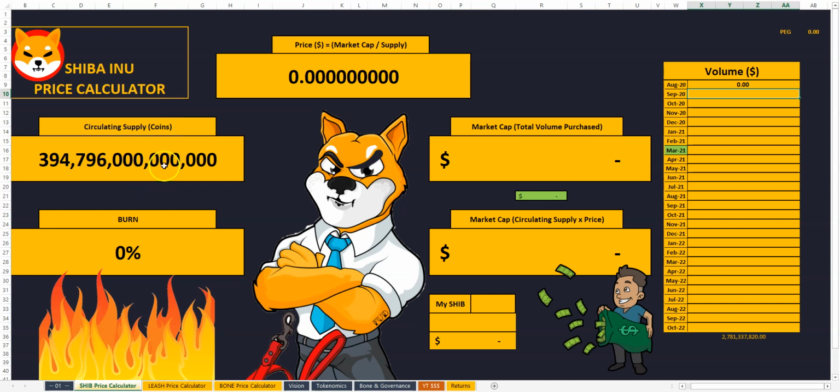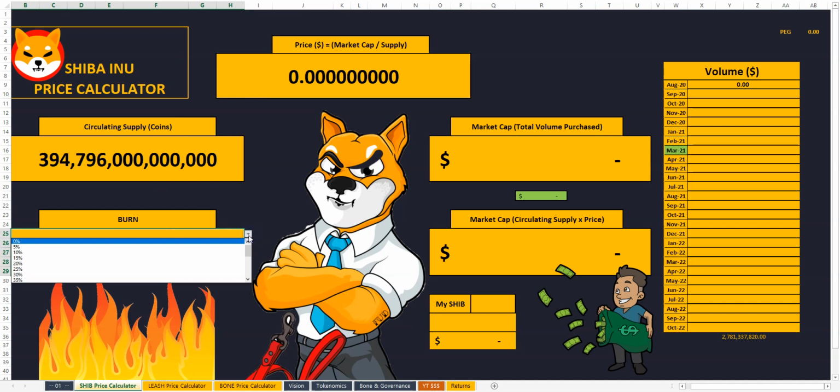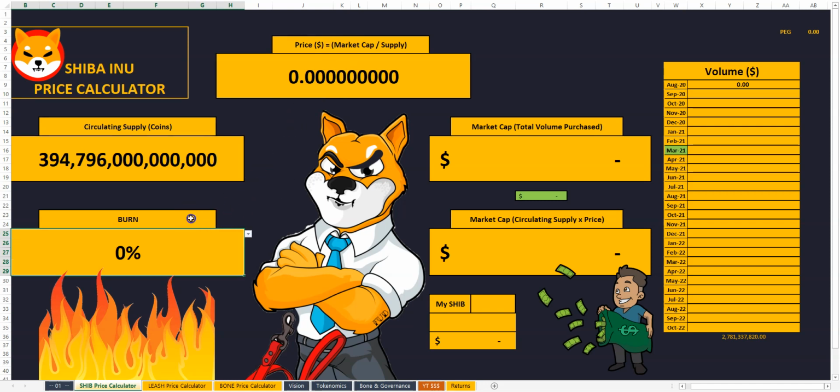After ShibaSwap, we'll be able to vote and potentially affect the supply. I've built this calculator so that we can see the price as we burn various percentages of the circulating supply to see how far we can get. So if you're down with me, let's have some hypothetical scenarios.